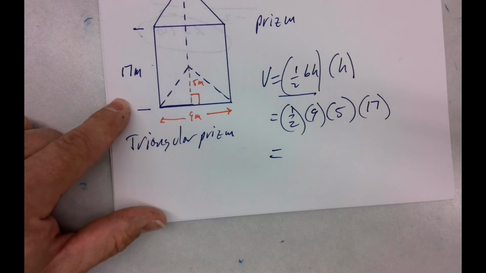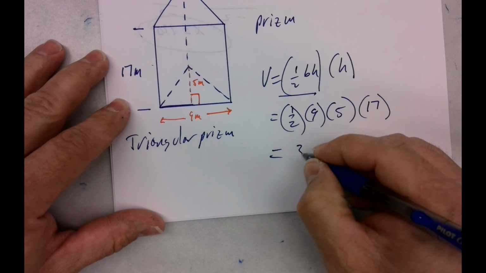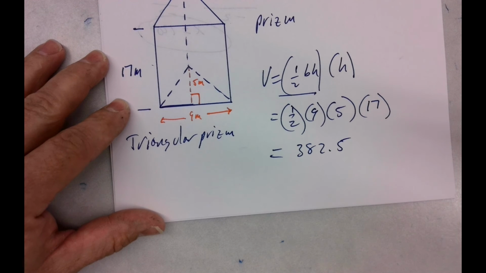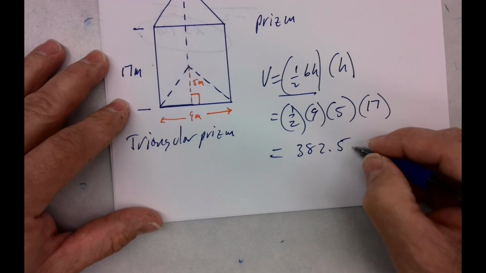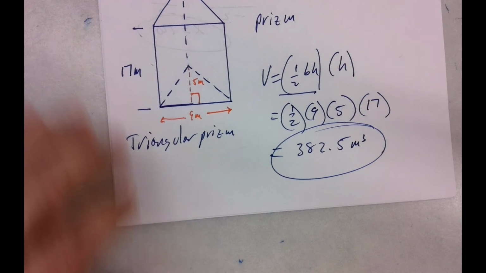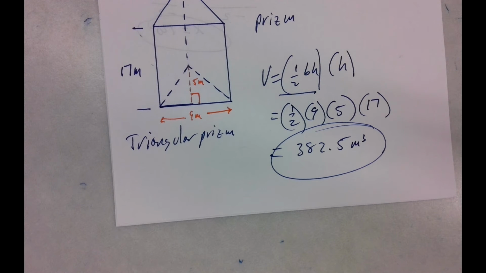Do that math and you get 382.5 meters cubed, because I'm talking volume. So probably they're all going to be cubed.